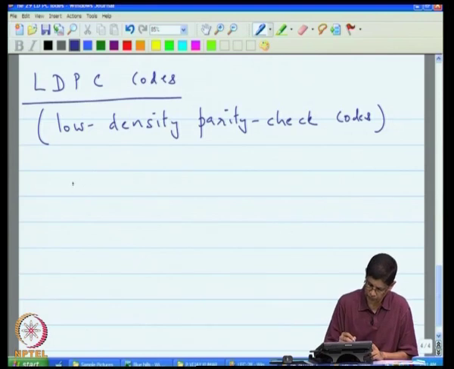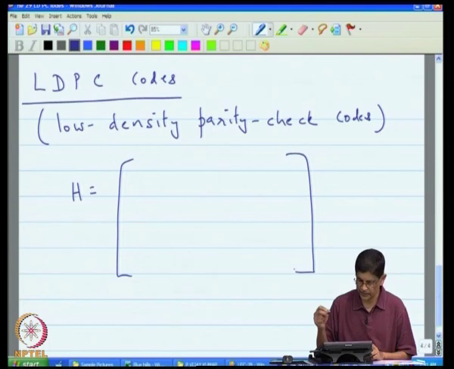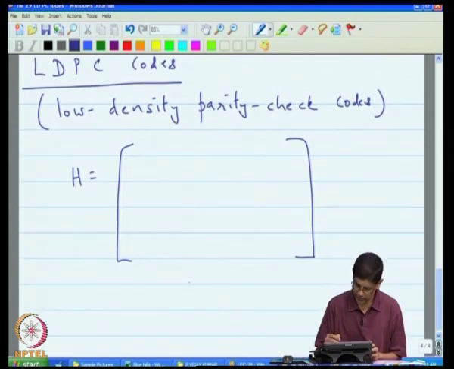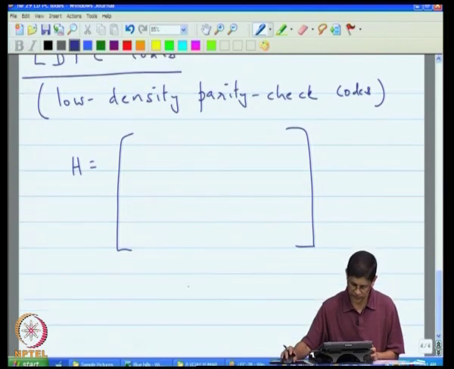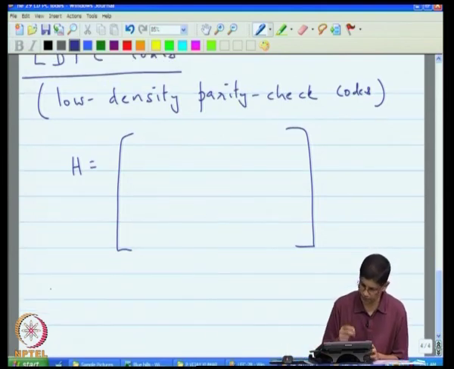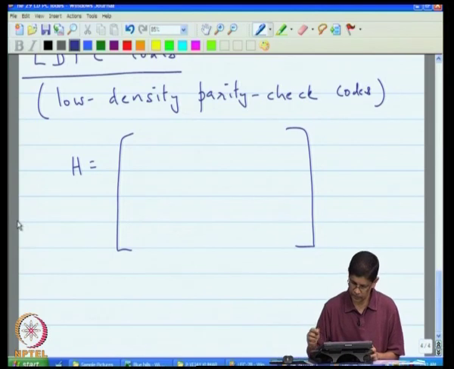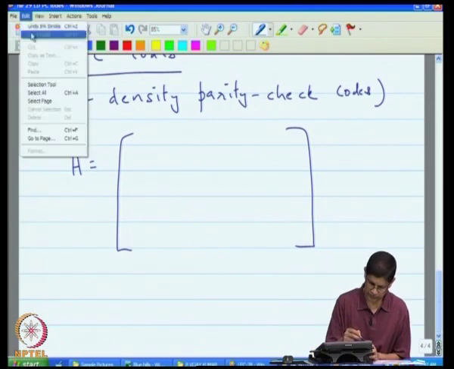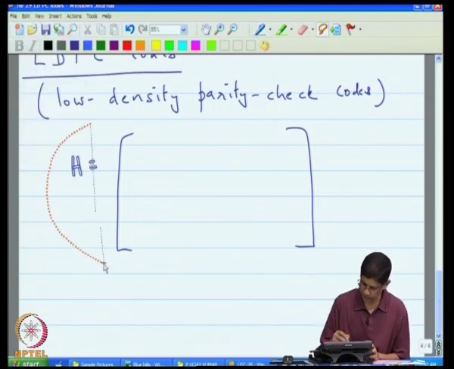So supposing you look at a parity check matrix, then as we know, typically if you are talking about a (7,4,2) code, so let me put that assumption here.